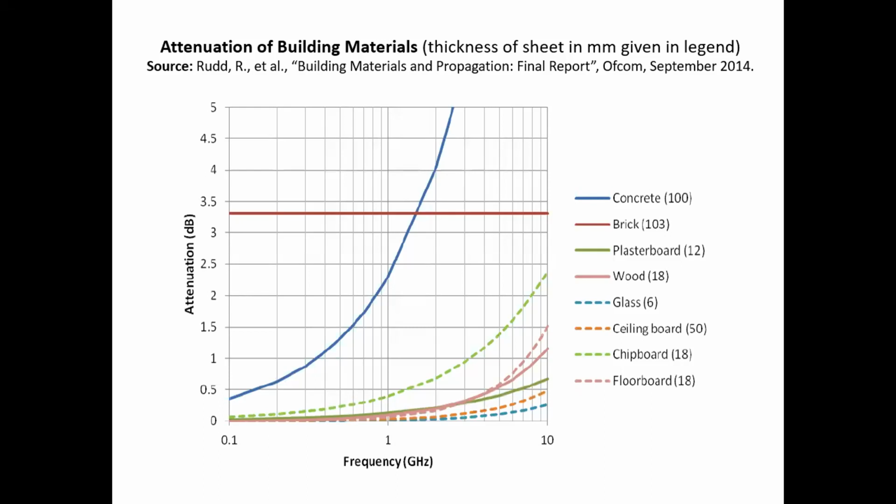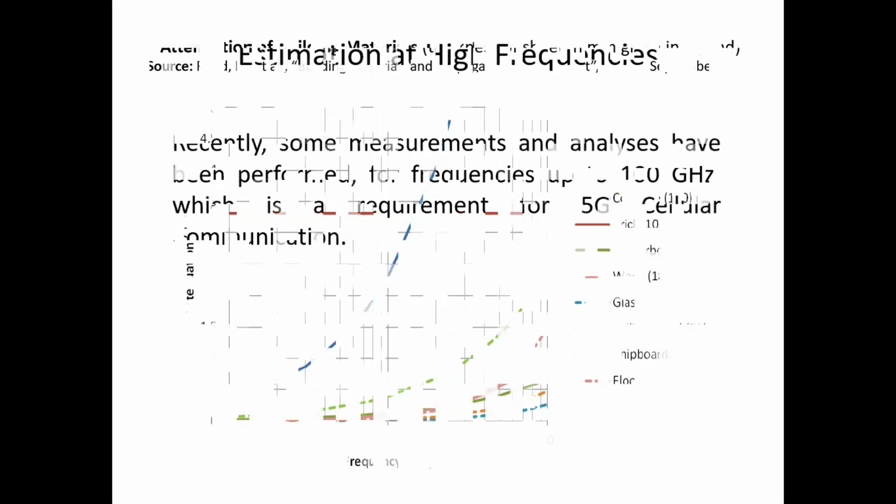But if we talk about Wi-Fi or mobile communication, the modern uses of wireless communication, then concrete is the worst enemy for wireless communication, as demonstrated here. The frequencies are in the order of a few gigahertz, around 2 gigahertz or higher. Then you see that concrete is behaving the worst.